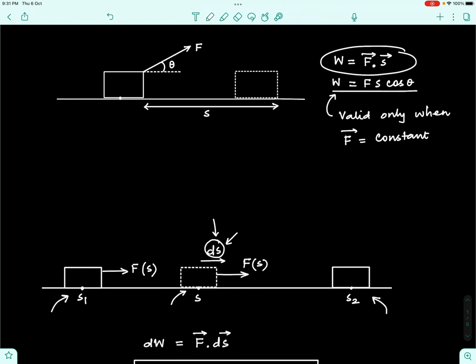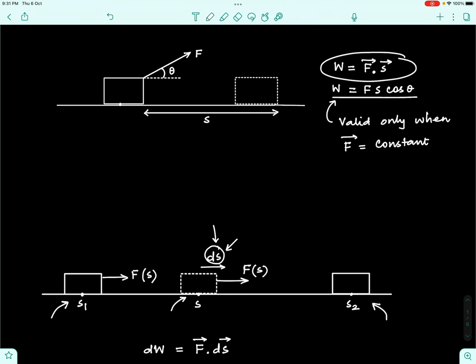So, we get an expression which looks like this: dW, the small work done in shifting the block by a small displacement ds when the force F was acting on it, will simply be given by the dot product of the force vector at that instant with the displacement vector, where now the displacement vector is a very small differential displacement ds.